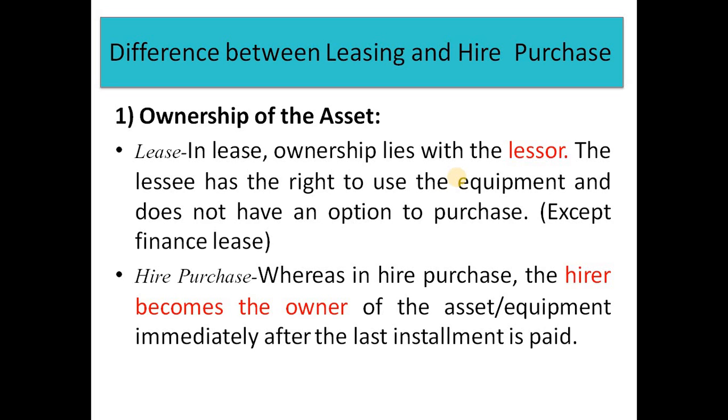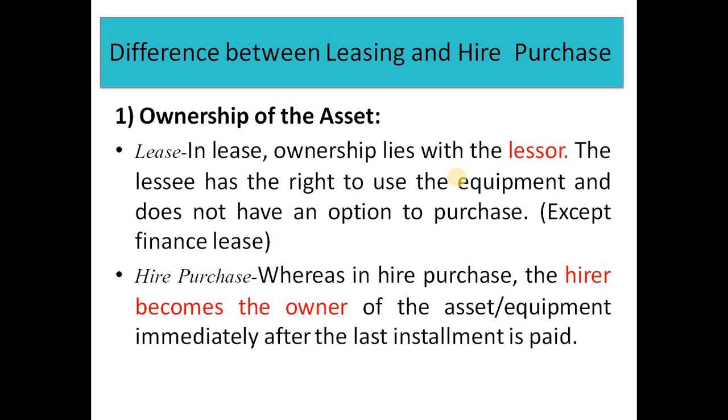Why? Because it is for a very longer period, and the lessor recovers the entire amount invested in that asset. That's why at the end of the lease agreement, he gives the option to the lessee to buy that asset, because he is not interested much in the asset, because he has already recovered the amount, plus he has recovered the profit as well.